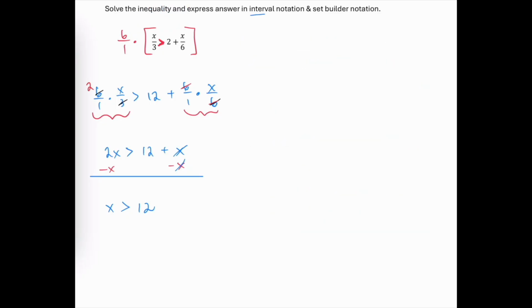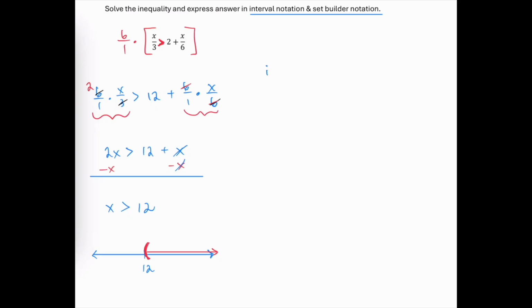Now we're being asked to write the solution in both interval notation and in set builder notation. So let's put our solution on a number line just for clarity's sake, and we want all the x values that are strictly greater than but not equal to 12. So that means we would be shading to the right of the 12 with a parenthesis here, not including the 12.